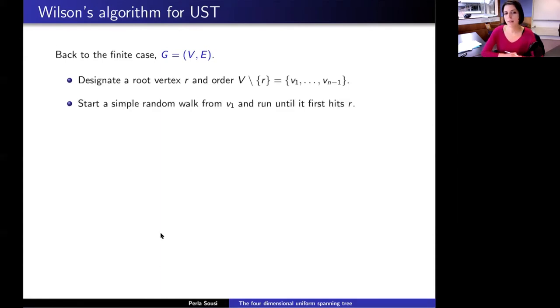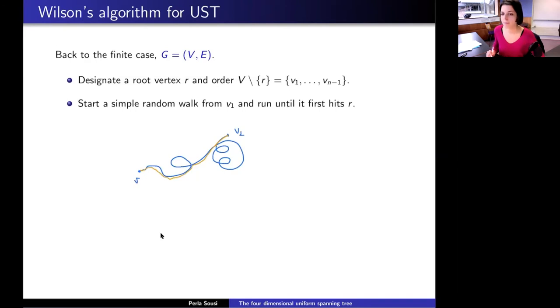And now the way the algorithm works is that we start a simple random walk path from the first vertex in this ordering. So this is V1. And we run the simple random walk until the first time that it hits the root vertex. So if this is V1, then we run it and we stop it when it hits R. And then we erase loops from this path.